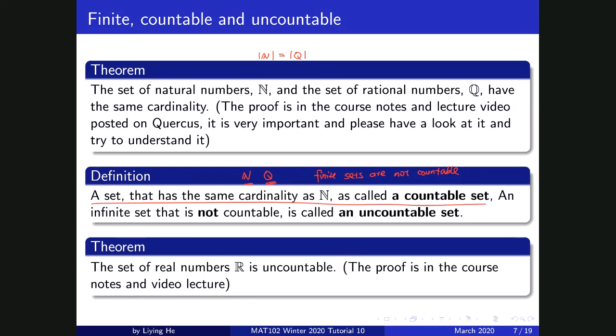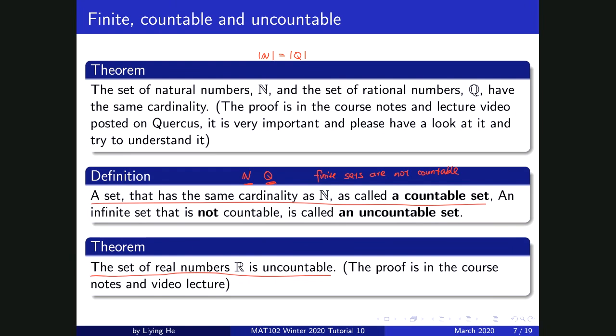Then move on to the next definition. An infinite set that is not countable is called an uncountable set. One of the most famous ones we know is that the set of real numbers is uncountable. Also, the proof is in the course notes and the video lectures.